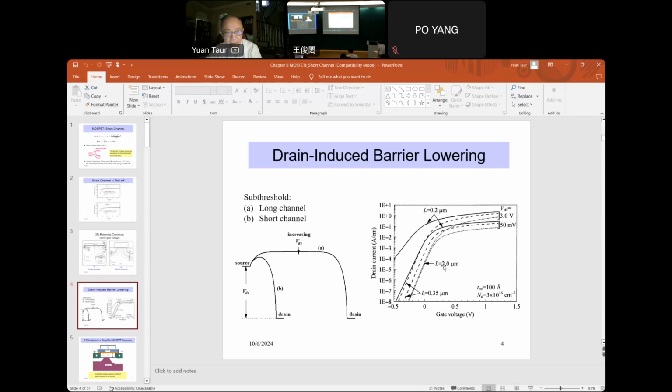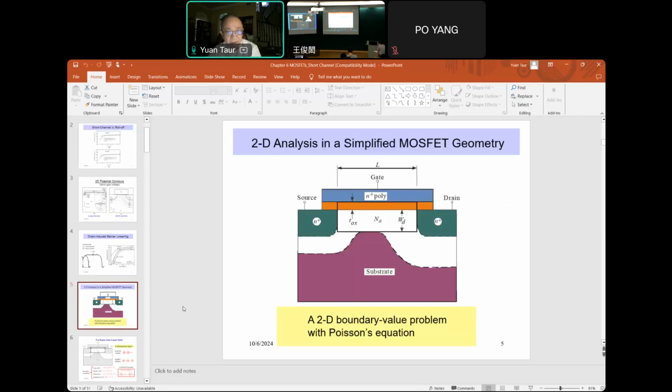All right. So to model the short channel effect, we consider this so-called simplified geometry. Basically we have the source and drain, N plus, dark green, and the gate is N plus for an N-channel device, and this is the oxide, T-ox, and that's the diffusion width.